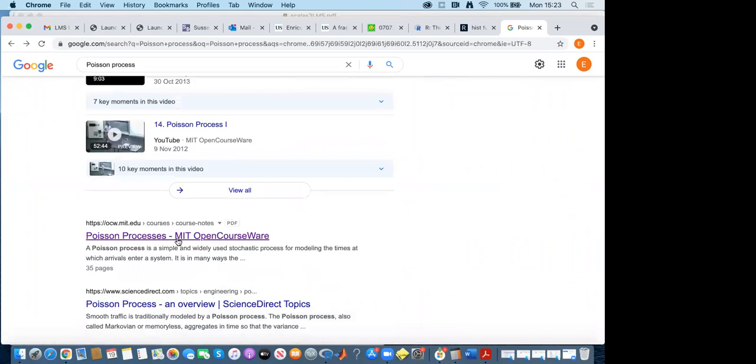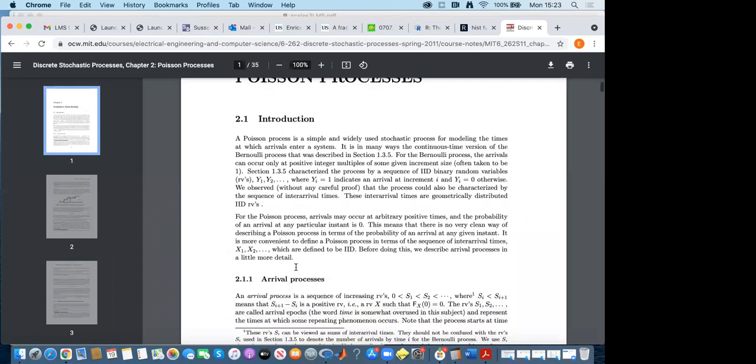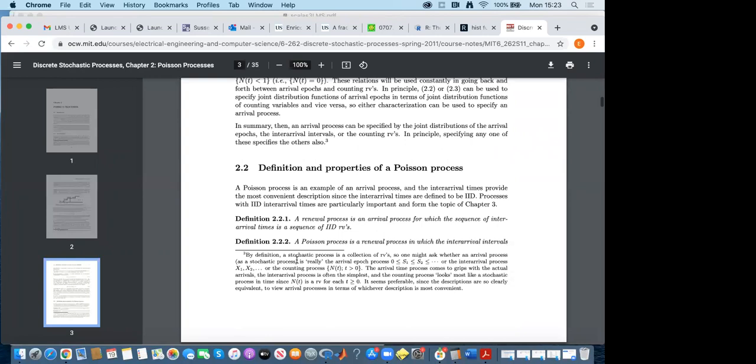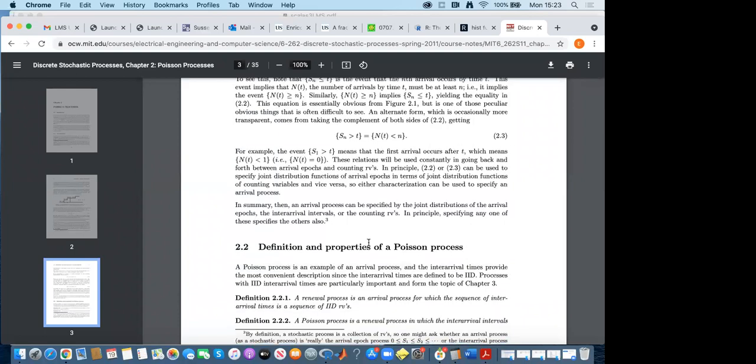And then the Massachusetts Institute of Technology is offering you an introduction to the Poisson process that you will find immediately. And you will find also some of the equations we are going to use tomorrow, if you want to read and catch up. It's not really necessary because I am introducing everything you need step by step, but it's not a bad idea. Okay, let me stop sharing.